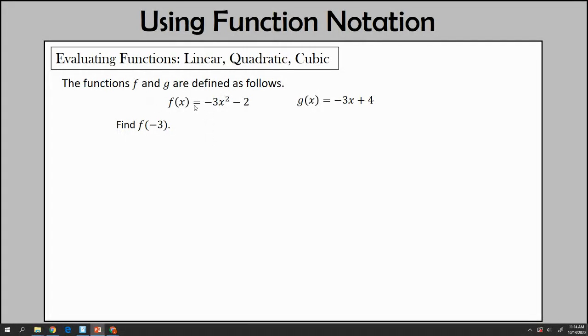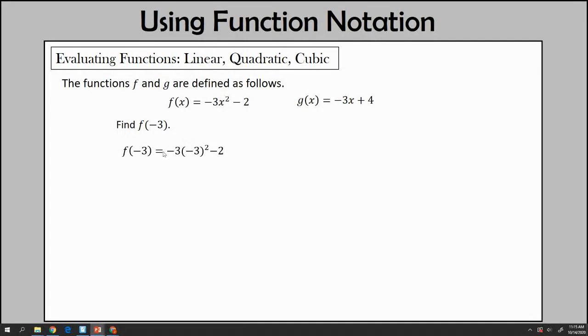So you have two functions, an f function and a g function. Okay, they're saying find f of -3. Well, use the f function. So f of -3 is going to be the f function with -3 in place of x. Now notice that I grouped the -3 because I'm going to square -3. So it's -3 times parentheses -3 squared minus 2.